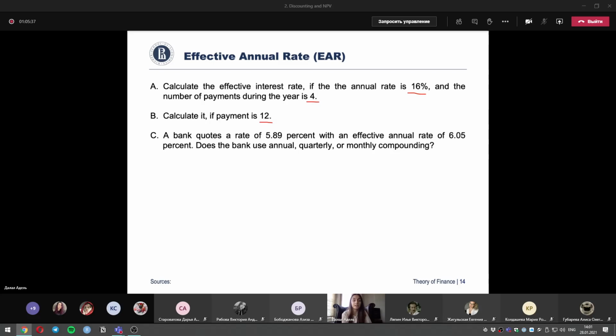And also point C, a bank quotes a rate of 5.89% with an effective annual rate of 6.05%. So which type of compounding does the bank use? Annual, quarterly, or monthly compounding? So here you already have the stated rate and effective rate. You just need to solve this equation for the number of periods. Okay, so I'll give you some time to calculate, to tackle all 3 points.